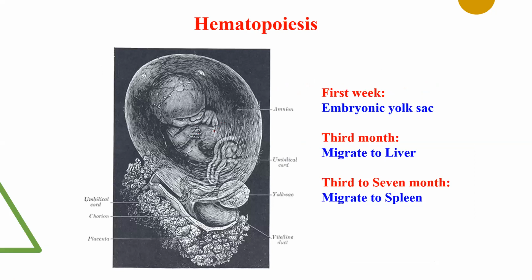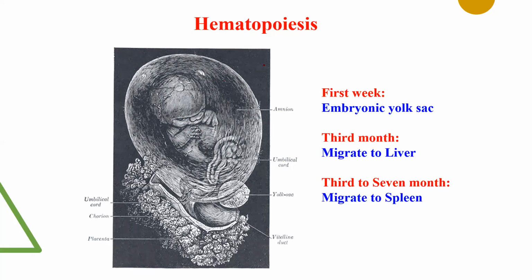Now, as I said, all these cells arise during hematopoiesis, and hematopoiesis starts very early in the embryonic stage. You can see the early stage embryo and amnion, umbilical cord. Okay, this is not early stage; I'll say this is the late stage embryo, because the fetus is almost fully formed.